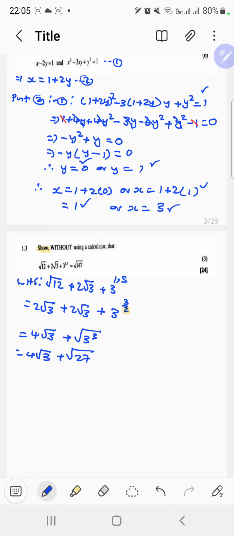And then we go further and say, well, 27 is 9 times 3. The square root of 9 is 3, and then remain with a root 3. 3 root 3 plus 4 root 3 is 7 root 3.